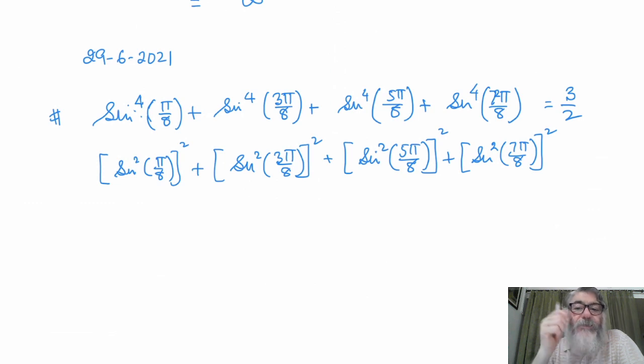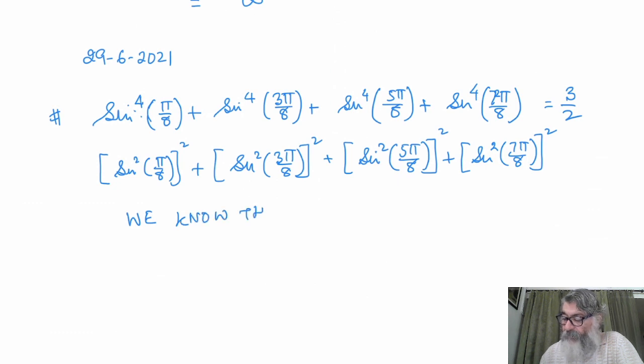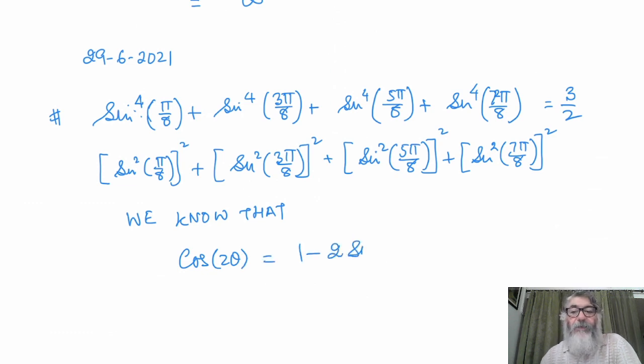We'll convert sine square in terms of cos 2 theta. We know that cos 2 theta is equal to 1 minus 2 sine square theta. This is the formula in terms of sine square theta. So what are we going to do?